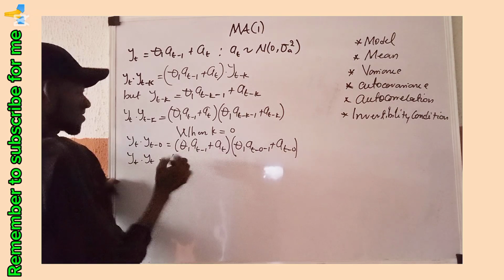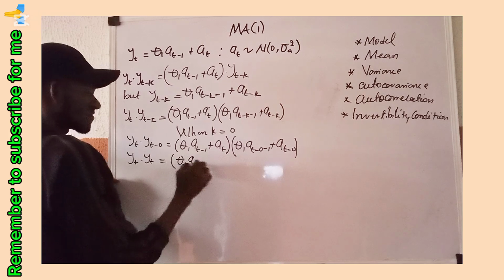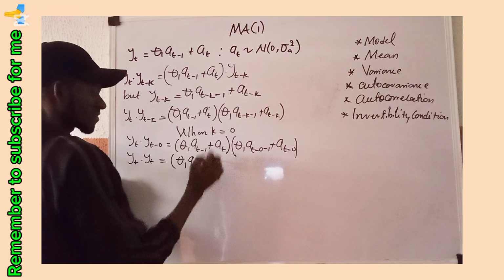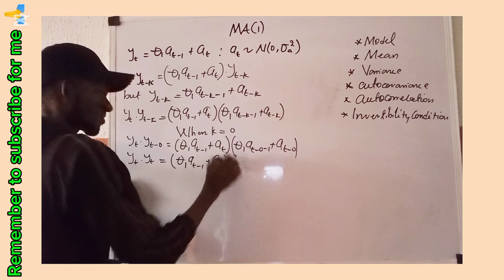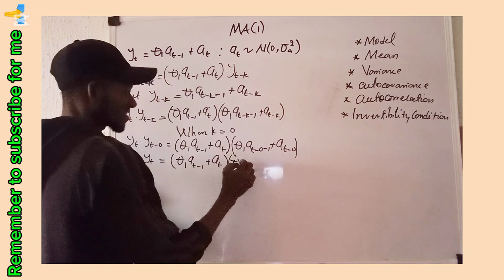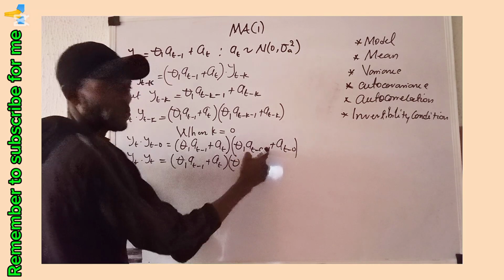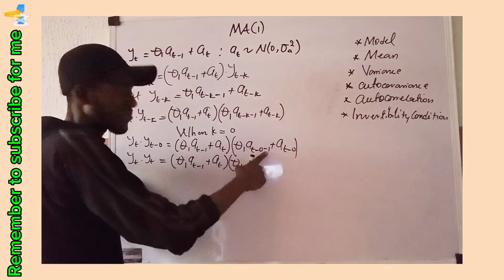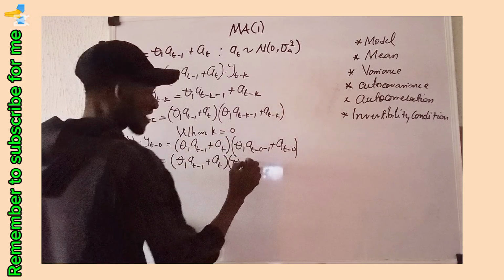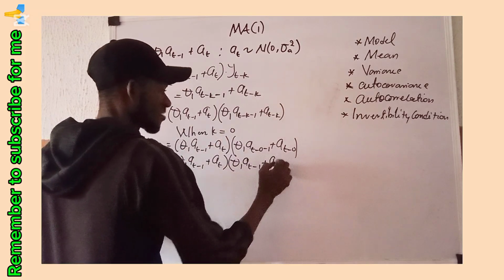This equals, open a bracket, theta 1 a of t minus 1 plus a of t. Close the bracket, open again. What you have here becomes theta 1, and minus 0 minus 1 is minus 1 in mathematics, so I have a of t minus 1 plus a of t.